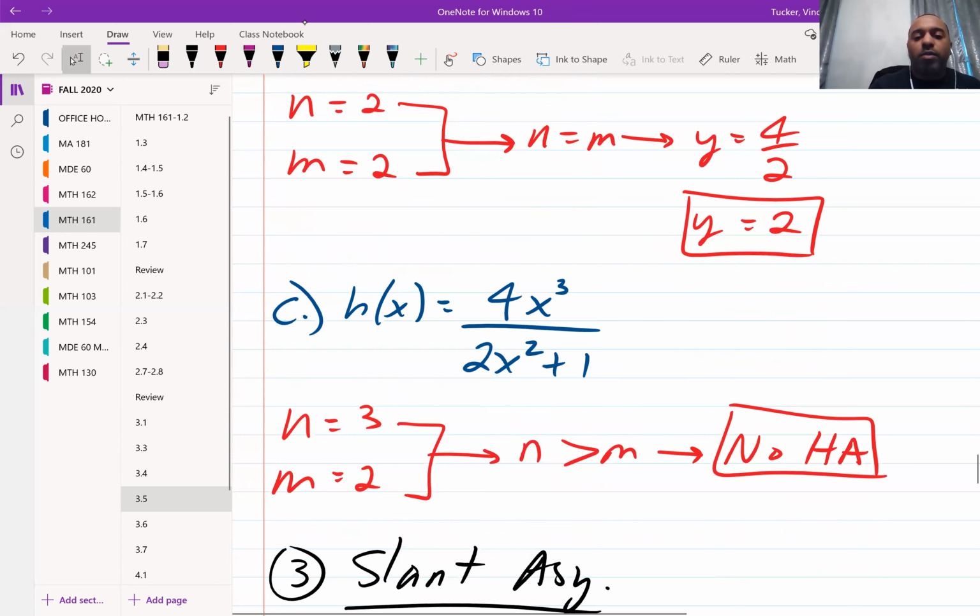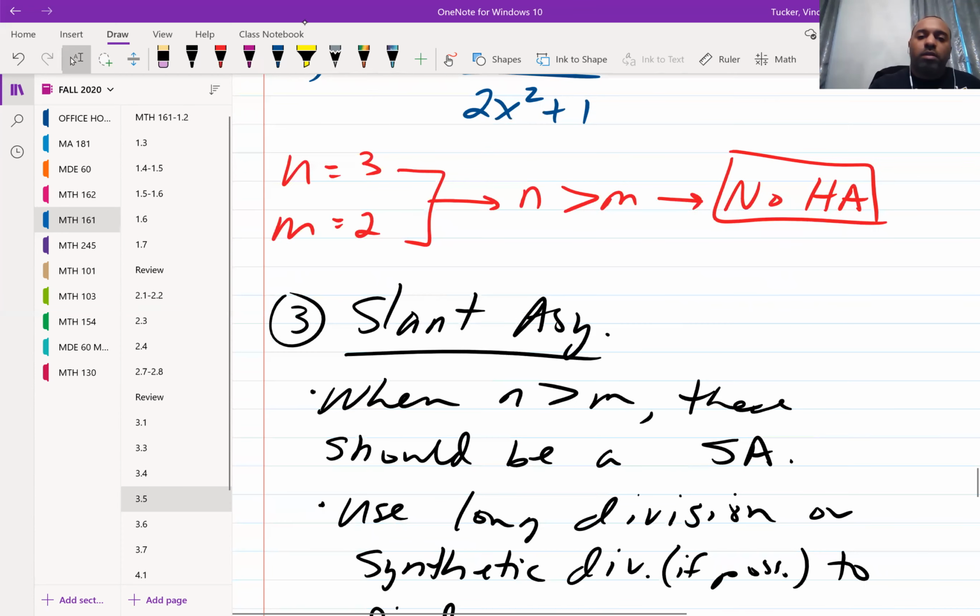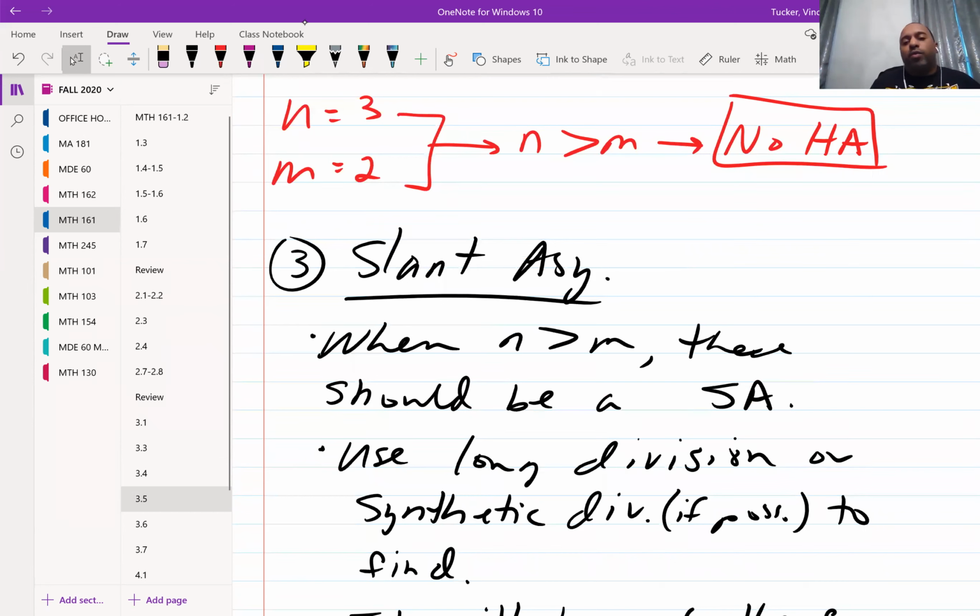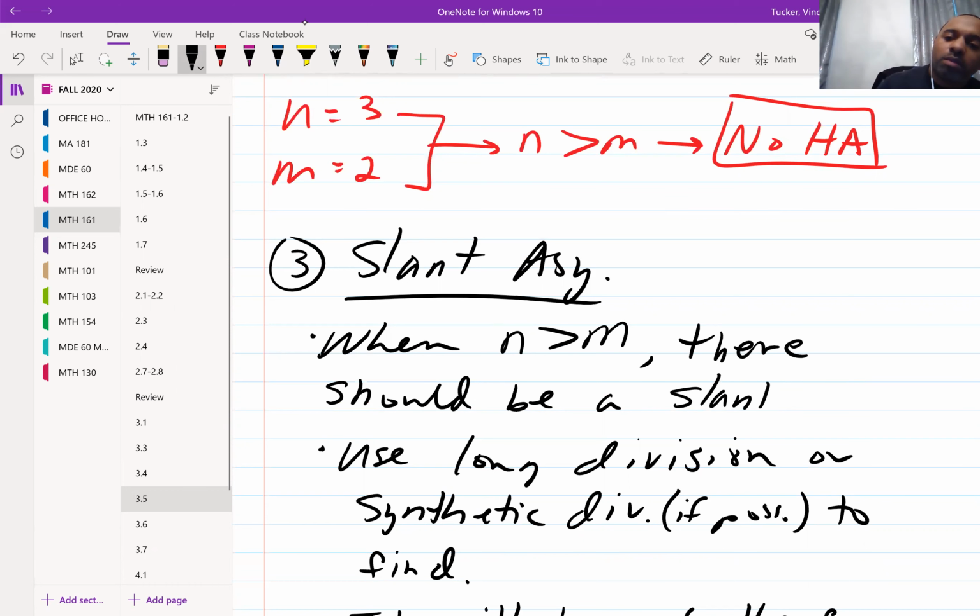Third one, slant asymptotes. When n is greater than m, there is a slant asymptote. All right, so we use long division or synthetic division.